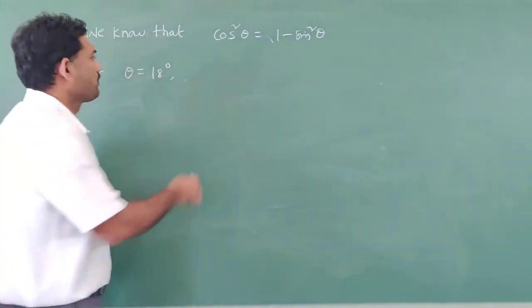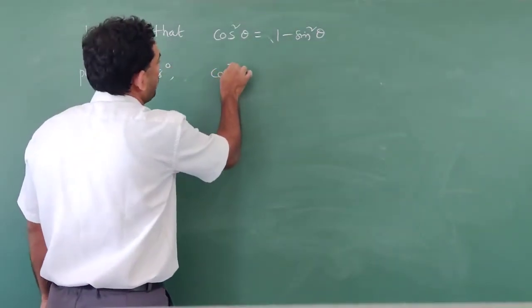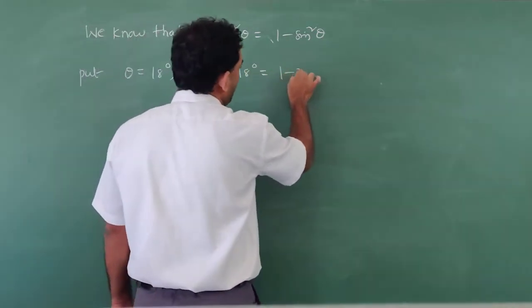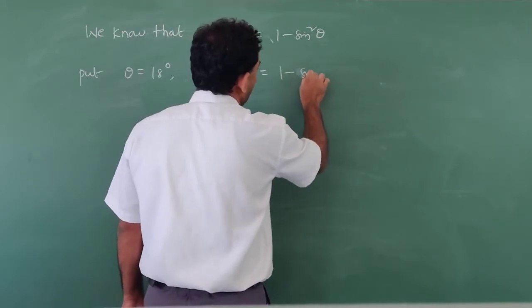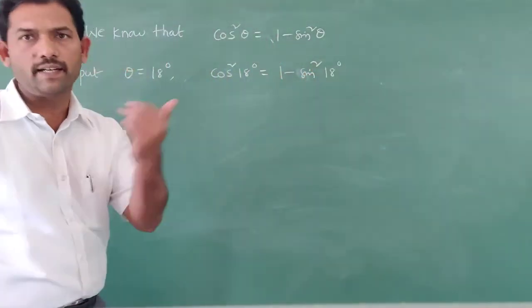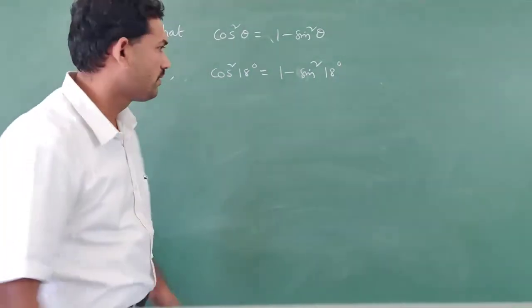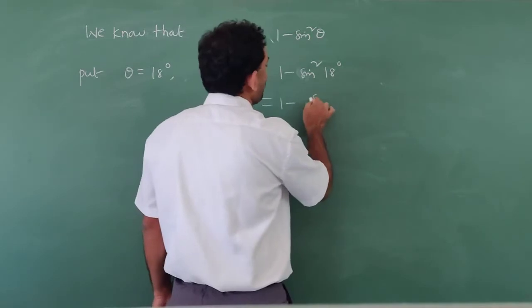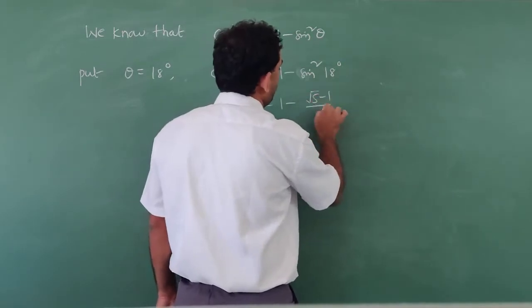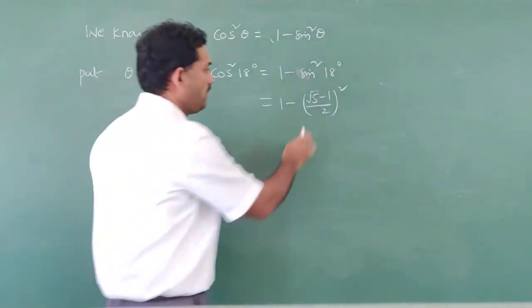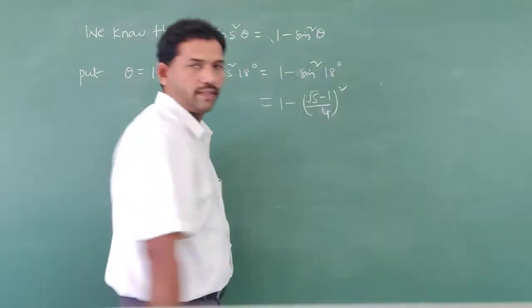What happens? Cos square 18 degrees is equal to 1 minus sin square 18 degrees. Already you know the sin 18 degrees value. So 1 minus root 5 minus 1 divided by 4, whole square.